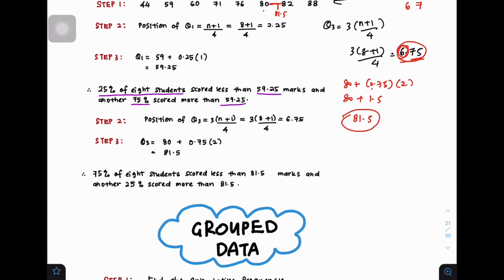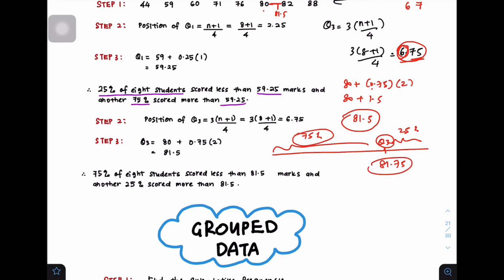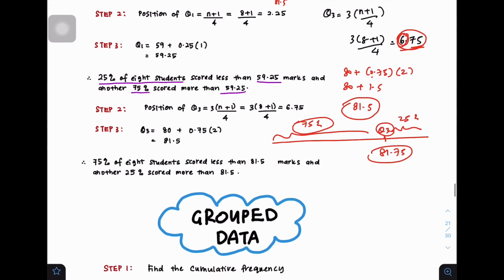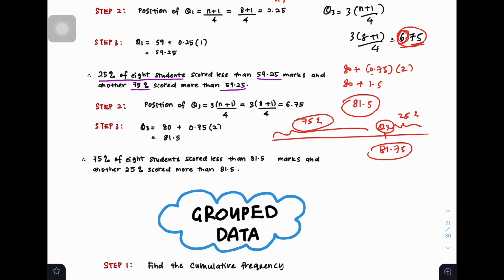What is the meaning of this? So if we have a data, Q3 is here, where Q3 ni dia membahagi kita punya data 75% below, 25% upper. Dan kita dah cari Q3 kita adalah 81.5. So apa maksud dia? Maksud dia 75% daripada pelajar kita skor kurang daripada 81.5.